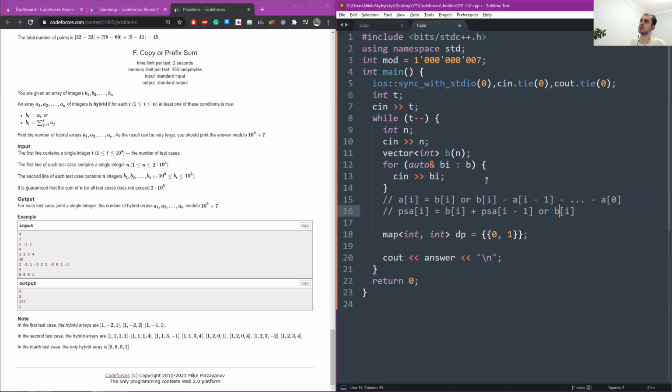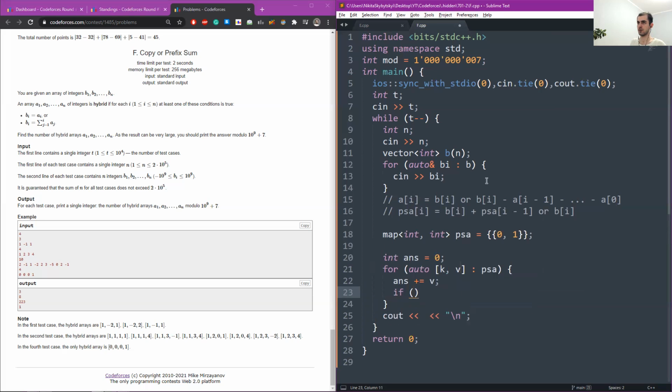I suppose that PS_i is a map. So it actually stores how many ways there are to get some prefix sum? Maybe the actual answer is something like this.